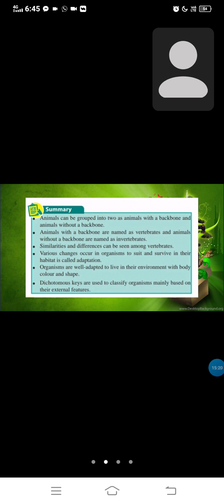Similarities and differences can be seen among vertebrates. Various changes occur in organisms too, so that they can survive in their habitat, which is called adaptation. And organisms are well adapted to live in their environment with body color and shape. Dichotomous keys are used to classify organisms mainly based on their external features.